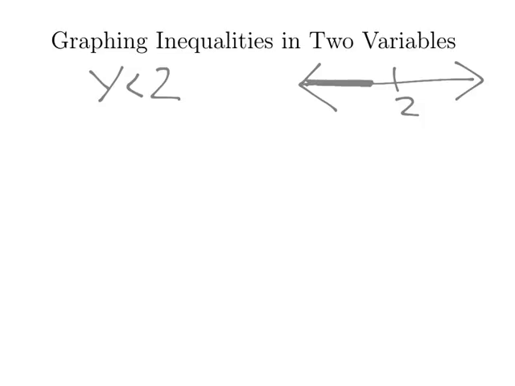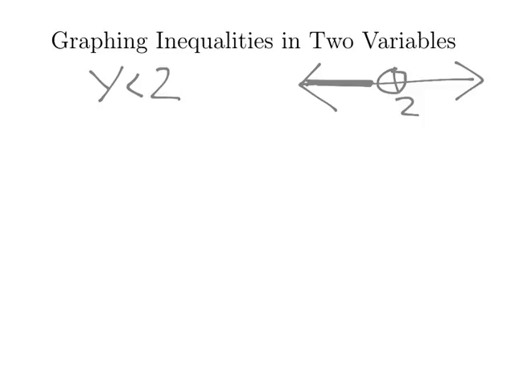So that's a brief review of one dimension, or one variable. Let's look at two variables. We usually use y for the second variable, so for the sake of simplicity, let's just use y and not x. If y is less than 2, you could do a number line. You could have 2, and y would be less than 2.